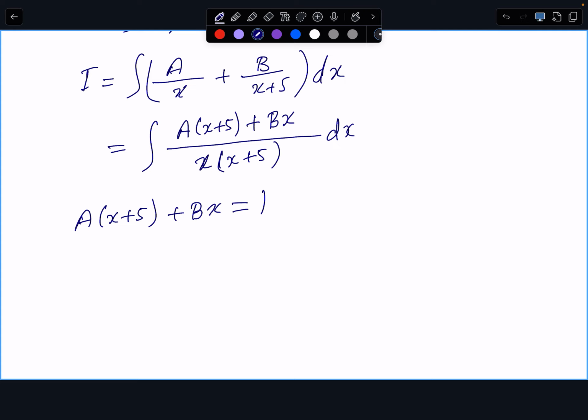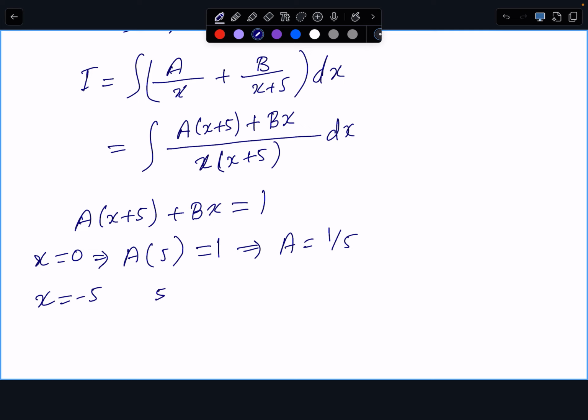Above, what do we have? 1. Okay, and now we're going to say x is 0 because this one is x, just x minus 0, x plus 0, whatever you want to call it. So we're going to have A times 0 plus 5 is 5. A is 1 over 5. And now x equals minus 5.